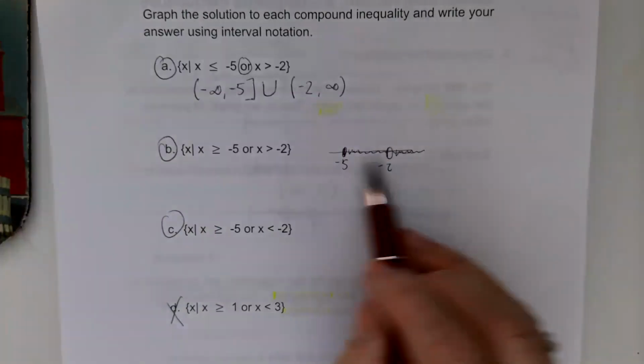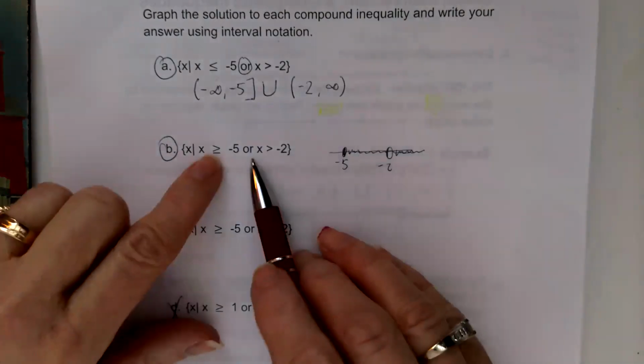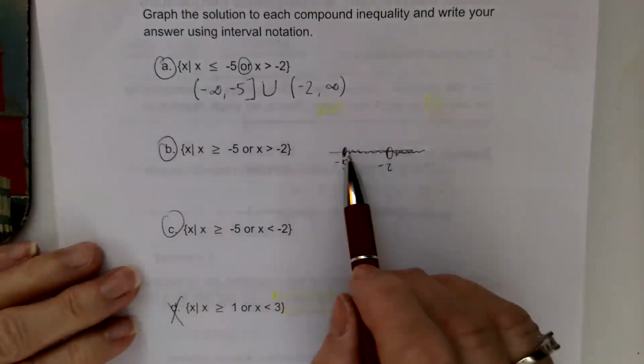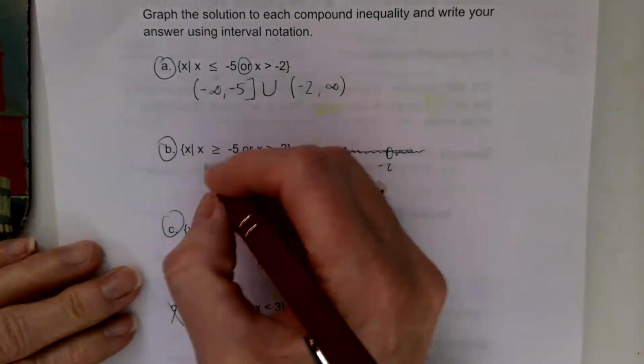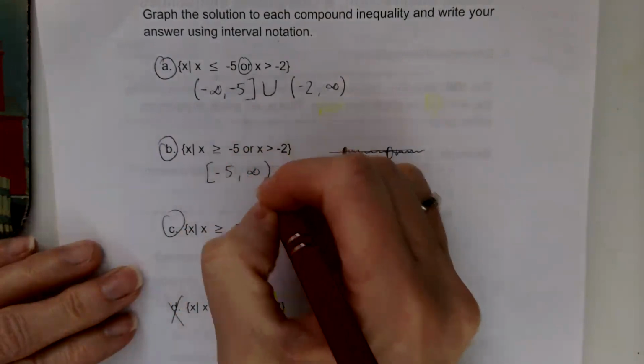So really, it's everything all the way through negative 5, because if either of those is satisfied. So we only have to write one interval because the second one is part of the first one. So it's a bracket at negative 5 up to positive infinity.